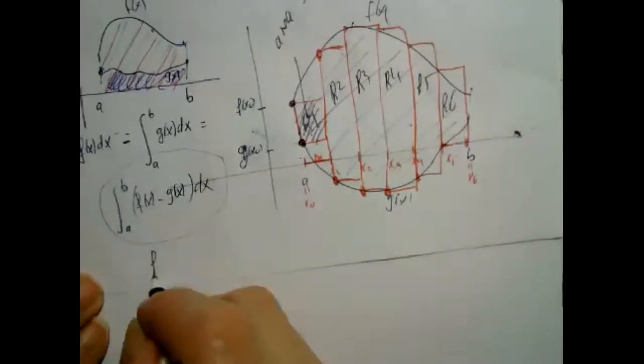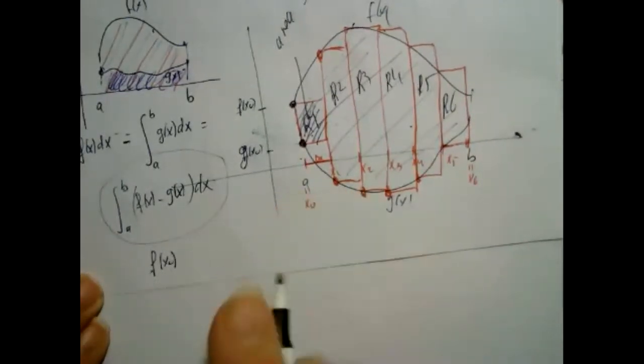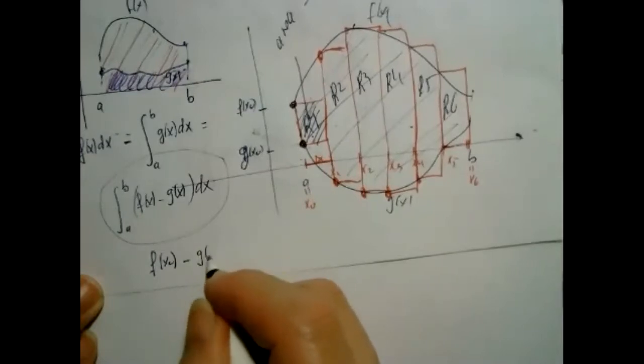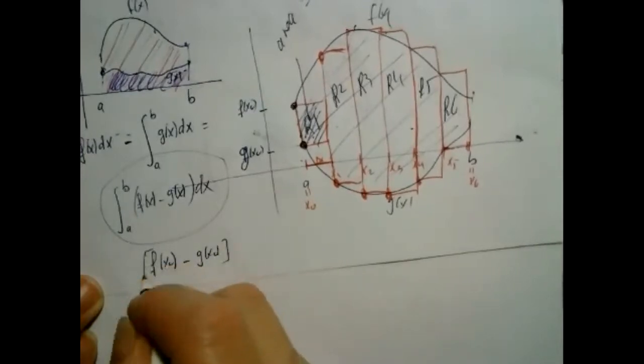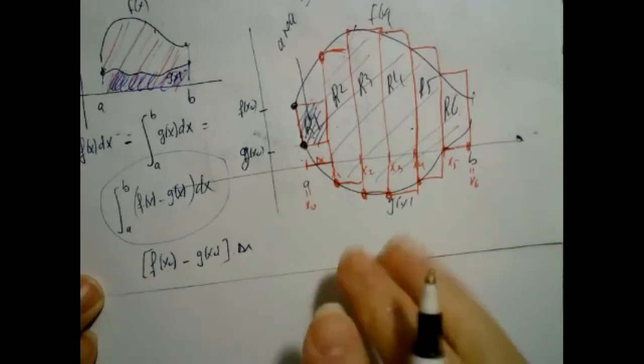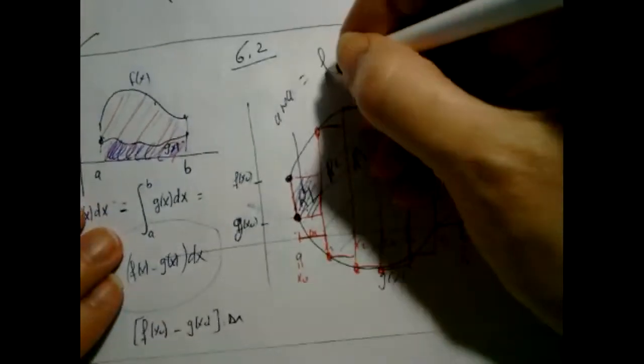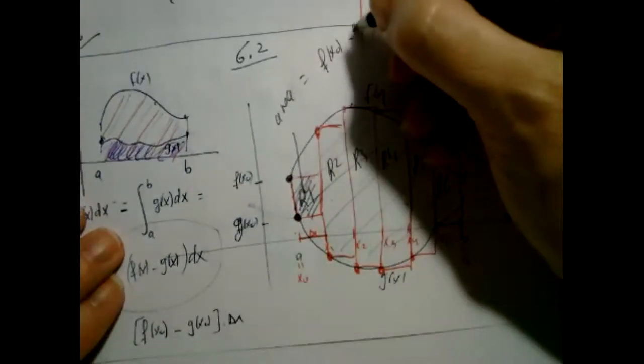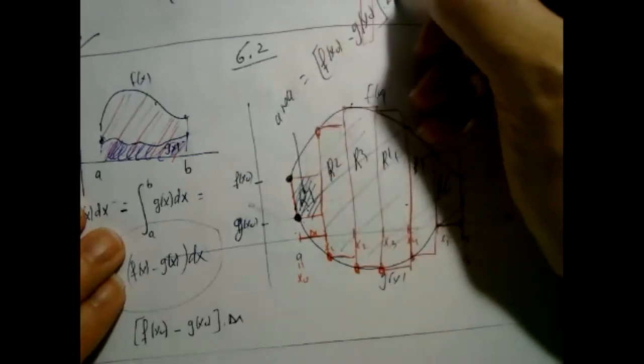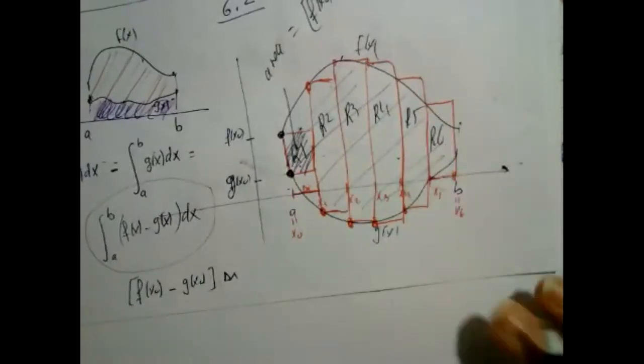So what's the area of R1? It's f of x0 minus g of x0 times the delta x. That's the area of R1.